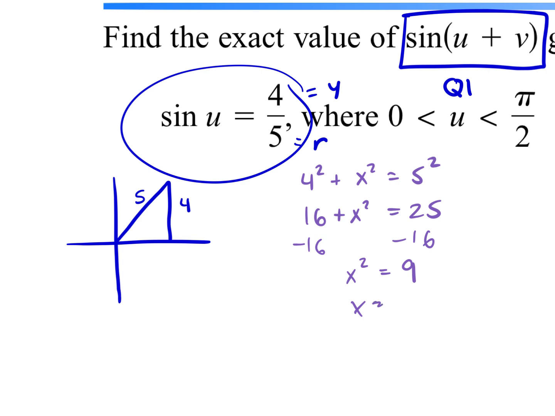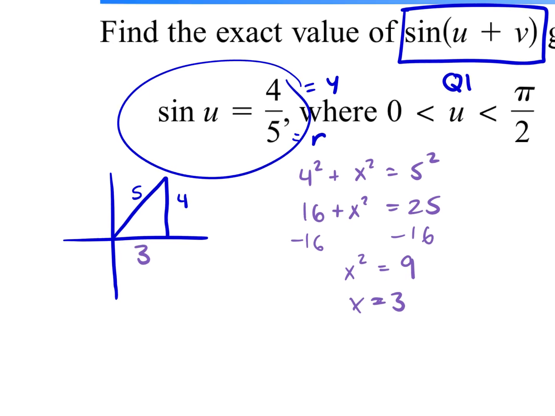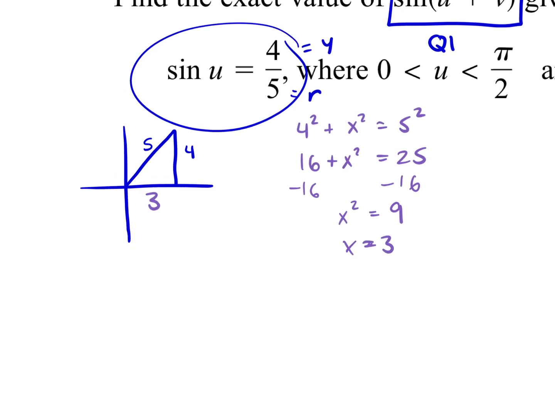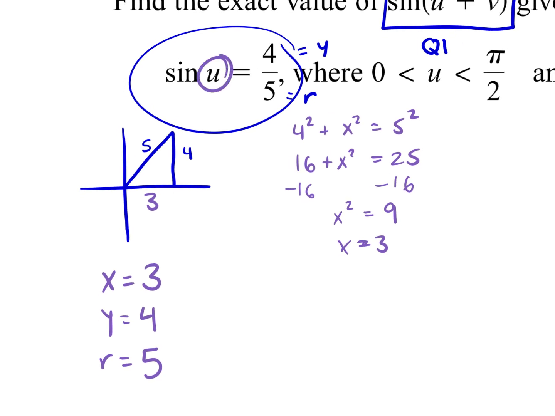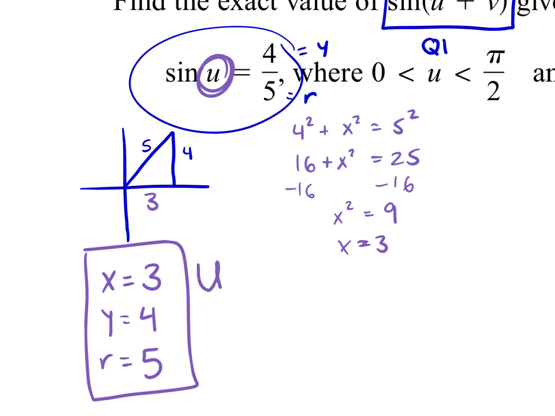X is 3. It's super helpful here to label all three of the values we have: x, y, and r. X is 3, y is 4, and r is 5. And this is for our U triangle. So these are my 3 values for triangle U.